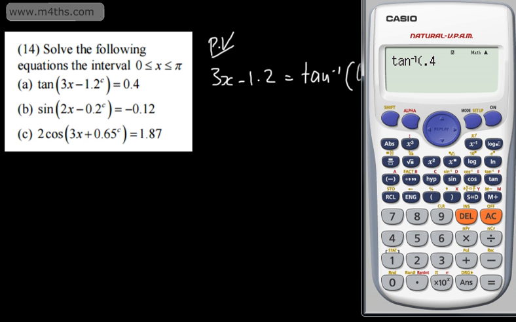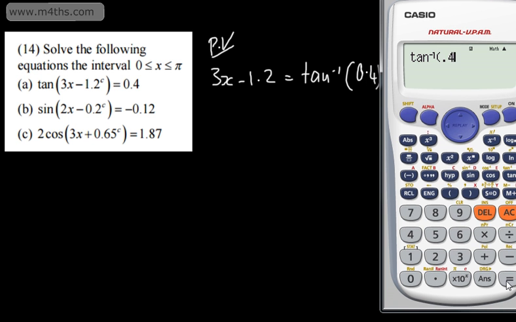Let's just check I've written that down properly. There we go, 0.4. And that's going to give us now 0.38. Remember, this is radians. If we have pi radians, that's 3.14159. 2 pi radians is 6.28 and so on. So this just gives you some idea of the magnitude of that. So it's not a very big angle.